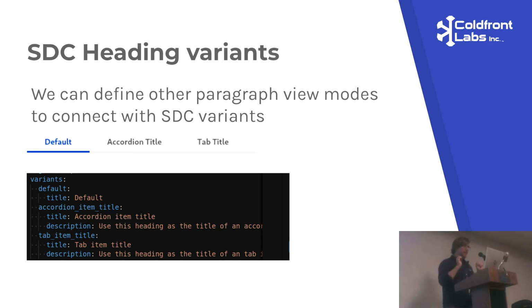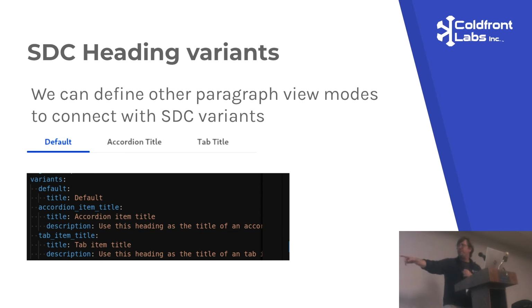Okay. Now, you may have seen that I was using variants in our components, in our definitions. The heading that we have defined is not just being used as the heading paragraph. We're also using headings in the accordion, like the header part of an accordion, and also the heading part of the title of a tab. So we have the single directory component of a heading, but because we can use variants, what I've done is I've taken the manage display view mode.